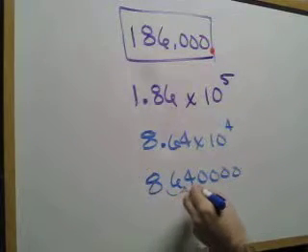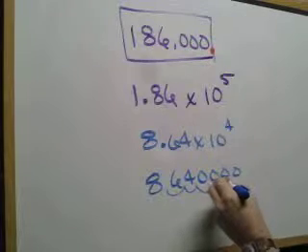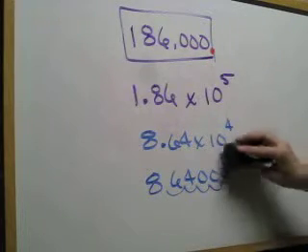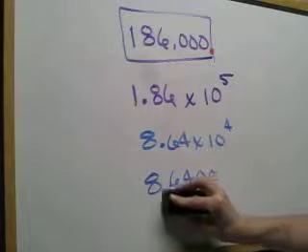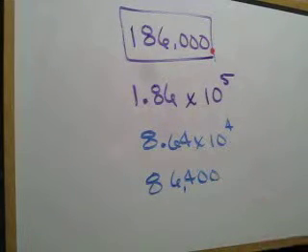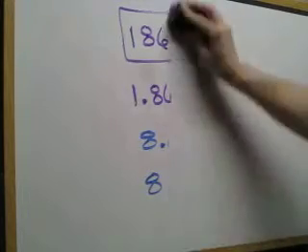So 1, 2, 3, 4. So my new decimal is going to go there. So I can erase these 2 zeros because I didn't use them. Okay. So now my number is 86,400. Okay. That's about all there is to this lesson, going back and forth.